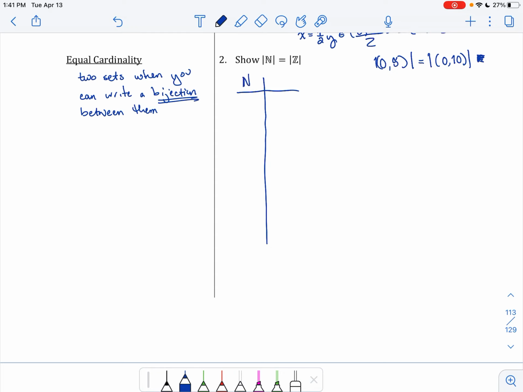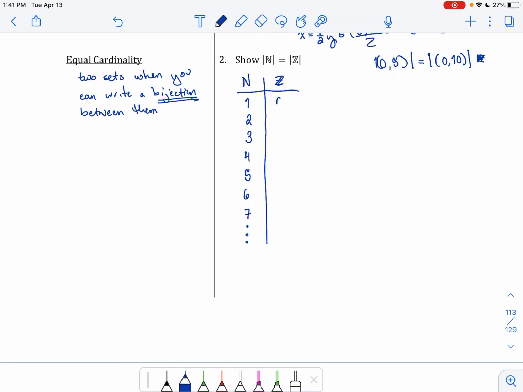So if I have my natural numbers and my integers, my natural numbers are going to be 1, 2, 3, 4, 5, 6, 7, etc. And with my integers, I have both my positives and negatives. So maybe I want to make sure that I am not starting and writing 1, 2, 3, 4, 5 all the way down just like that, because that forgets 0 and that forgets our negatives.